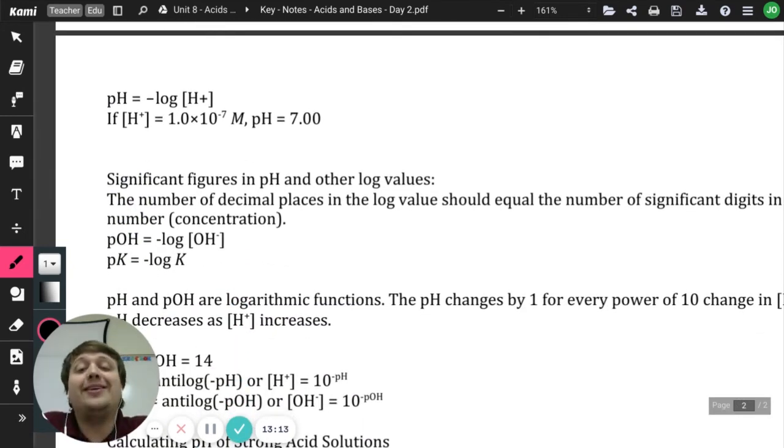Another thing to know is that to solve for pH, we're going to use the negative log of our hydrogen concentration. If our hydrogen concentration is 1 times 10 to the negative 7, then we plug that number in and find that our pH equals 7.